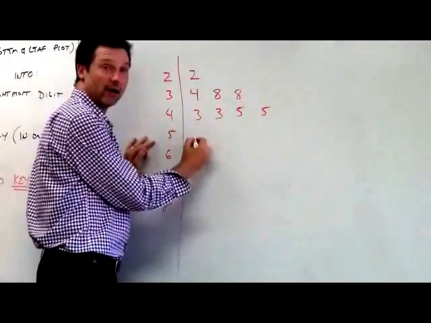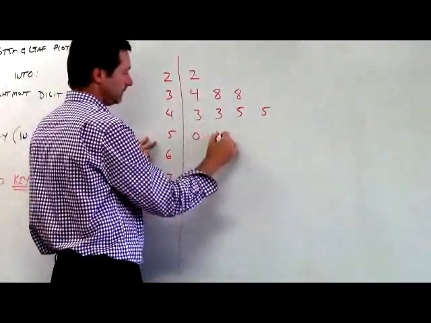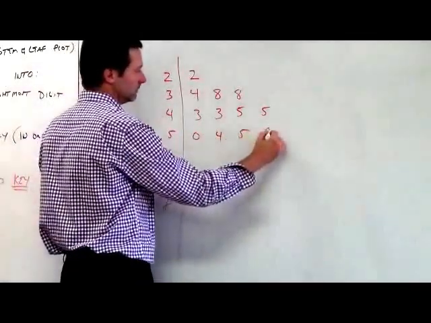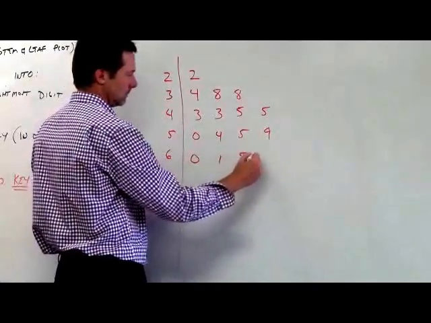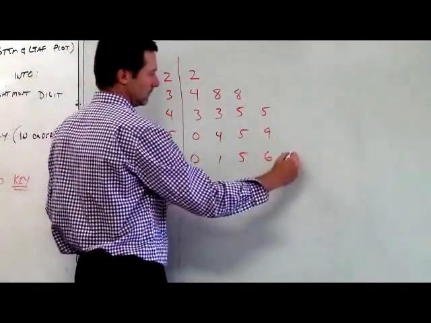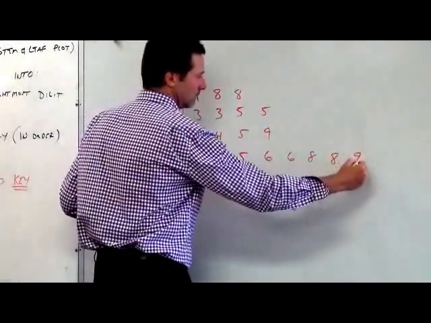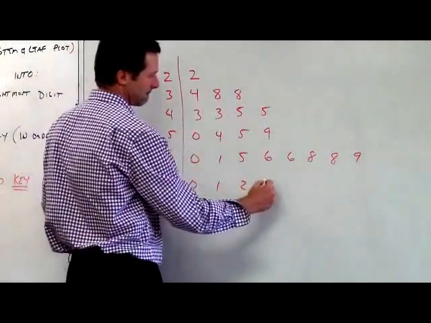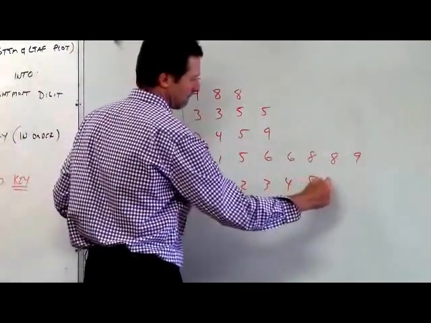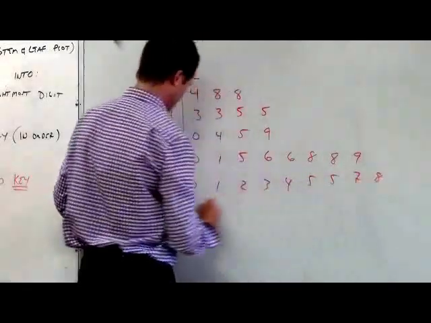Okay, so 50 is going to come down here. This is the 50s row. 50, 54, 55, 59, 60, 61, 65, 66, 66, 68, 68, 69, 70, 71, 72, 73, 74, 75, 75, 77, 78, 81.